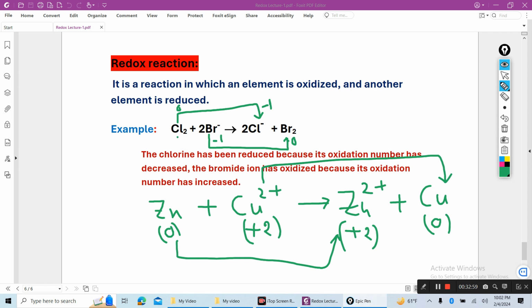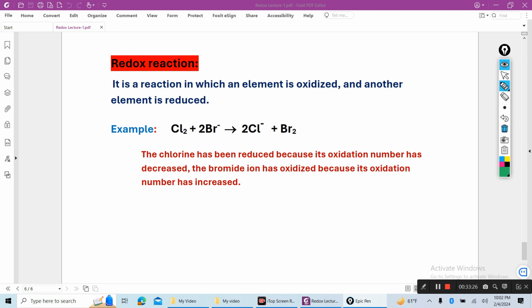Or you can tell zinc is oxidized because oxidation number increases 0 to +2, and copper ion is reduced because oxidation number of copper 2 ion is decreased from +2 to 0. This reaction also known as redox reaction.